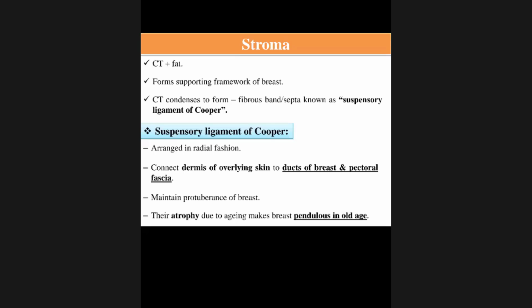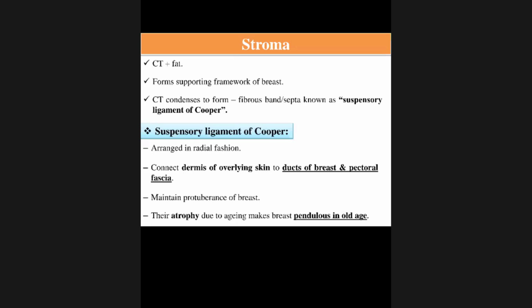Because of these ligaments, the shape of the breast is maintained. The protuberance of the breast is maintained by the condensation of connective tissue, called the ligament of Cooper.